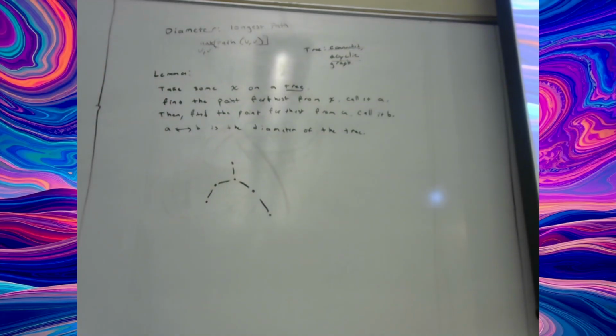So yes. First of all, if x is on the diameter, the farthest point is going to be one of the ends of the diameter because it's already the longest path.